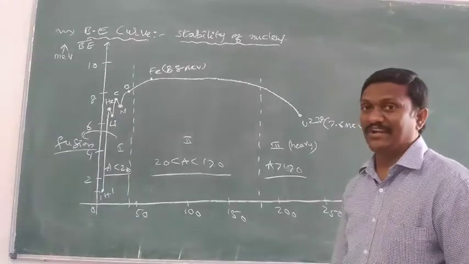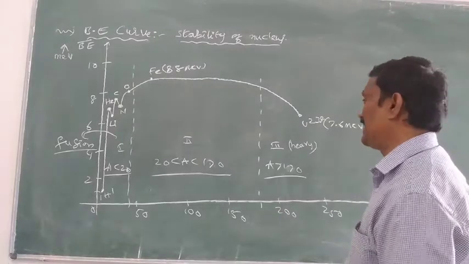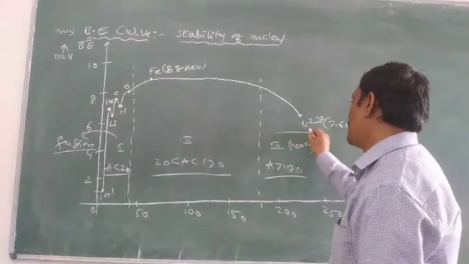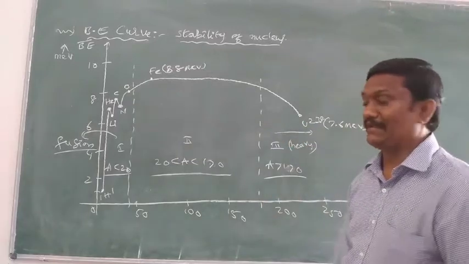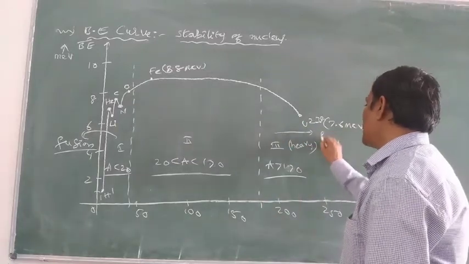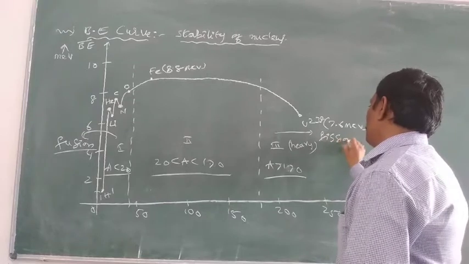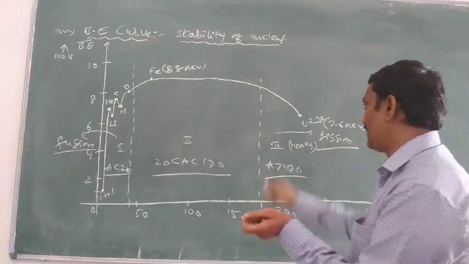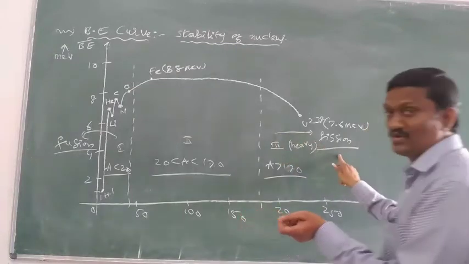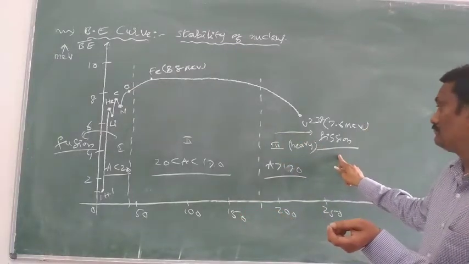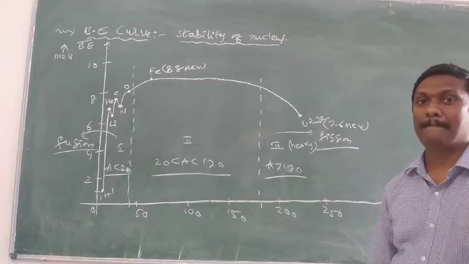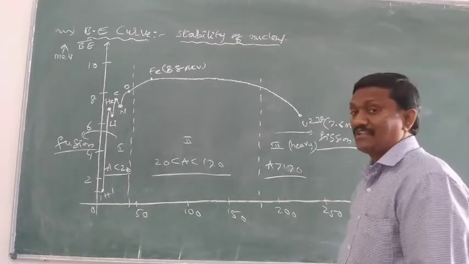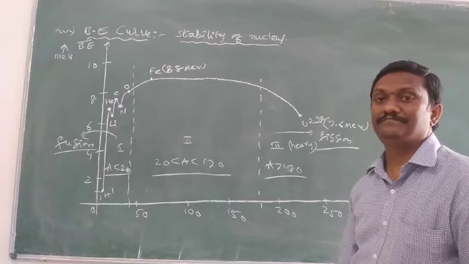But for getting stability, heavy elements split. The splitting of a heavy nucleus into two or more lighter stable nuclei, releasing a large amount of energy, is called nuclear fission. Fission means splitting.